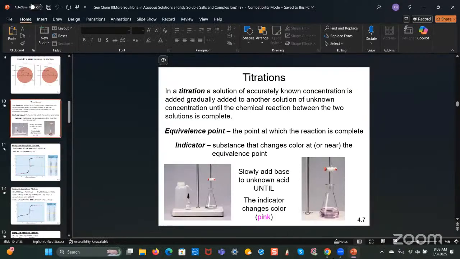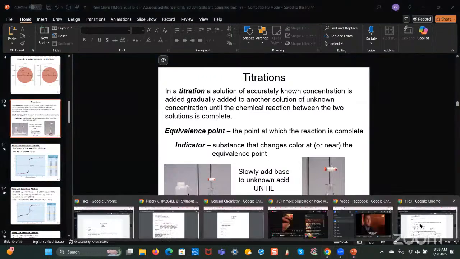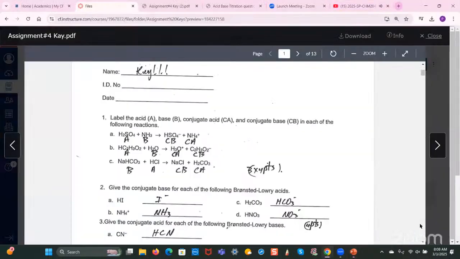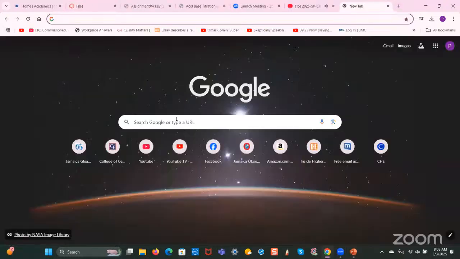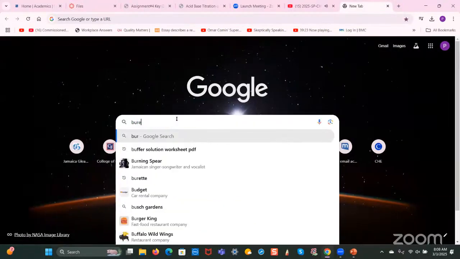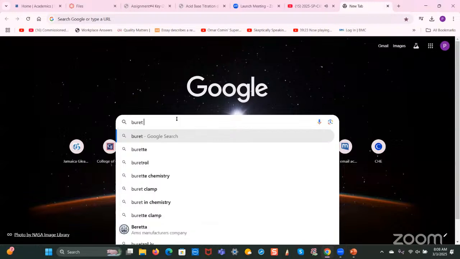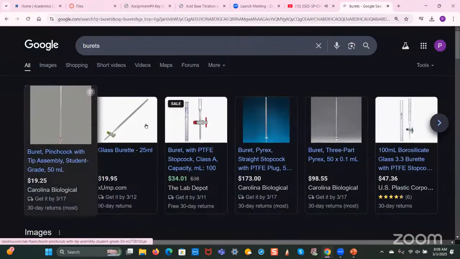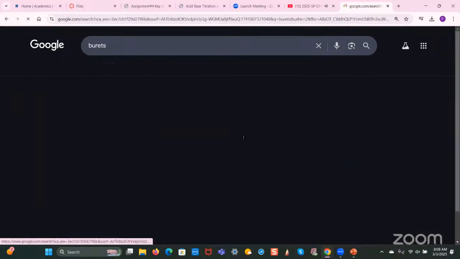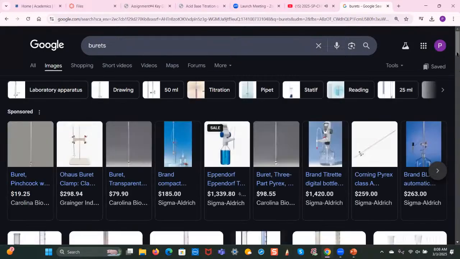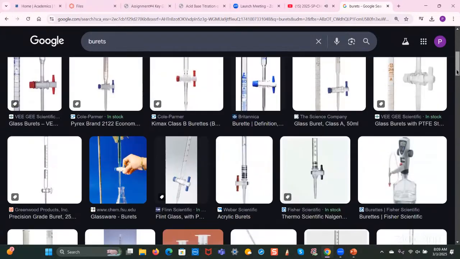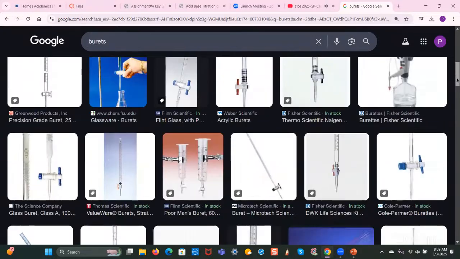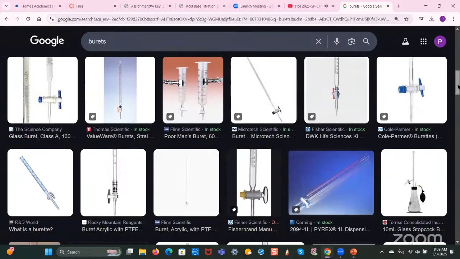Let me see if I can bring up a picture of one so that you get a full idea. We have burettes in the lab, 50 mil burettes, but they come in different sizes again. Okay, I want to see, there's one that shows you the graduation marks. Yeah, these are different burettes that are sold by different companies.